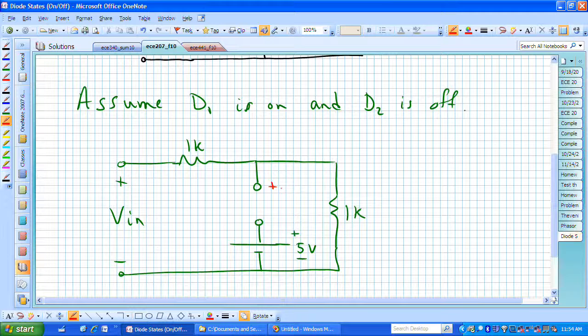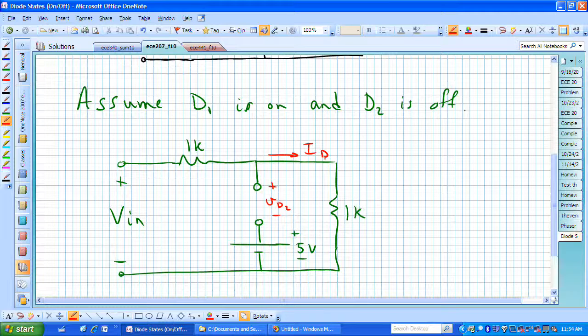The anode side of diode 2 was in the top end, or on the top terminal. And if diode 2 is off, then V sub D sub 2 needs to be negative when we do our analysis. Let's now assume that we have this configuration, and we're wanting to know, is I sub D positive?